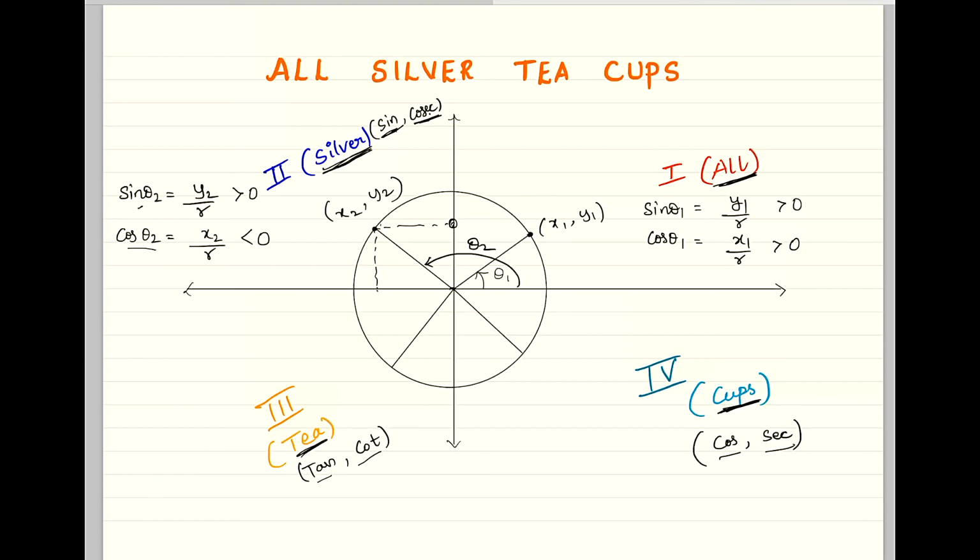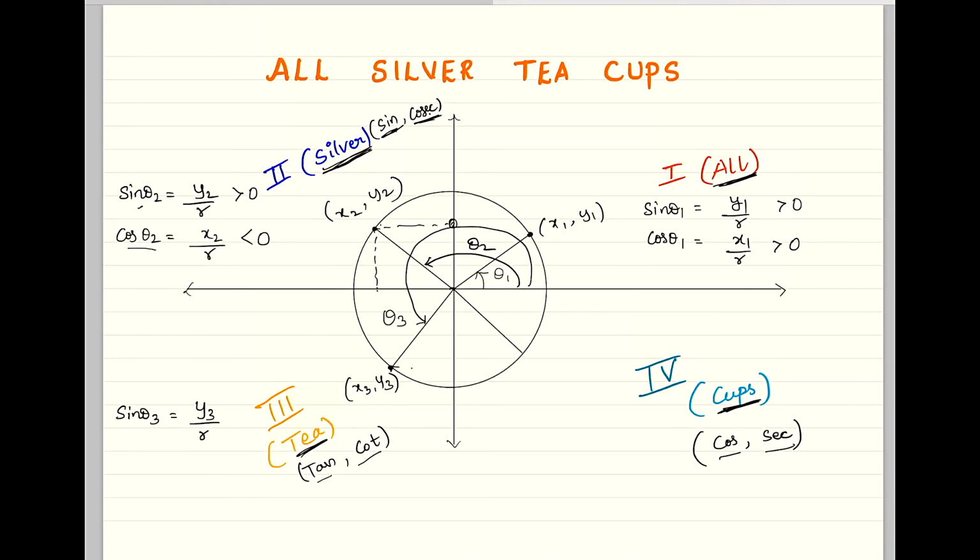Next, let's go to the third quadrant. This is the angle corresponding to the third point, x3 comma y3, right? So sin theta 3 will be how much? y3 by r.